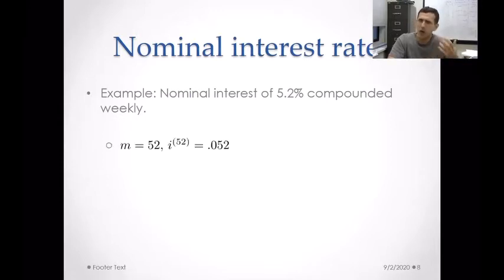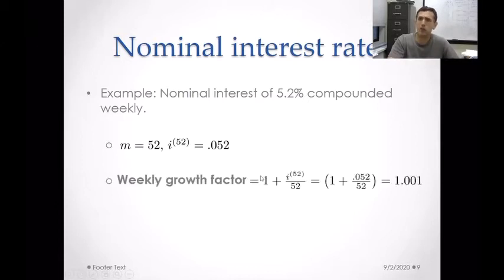Okay, and so I superscript 52 is given by this nominal interest rate, 5.2% as a decimal, 0.052. So by definition, the weekly growth factor is just 1 plus the weekly interest rate. And by definition, the weekly interest rate is I superscript 52 over 52, which is 0.001.